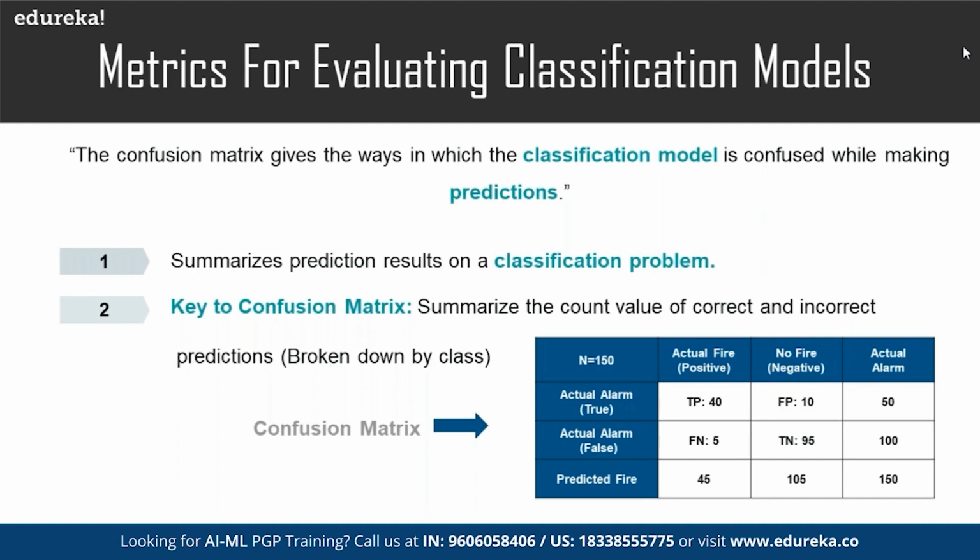When there is no fire, there should be no alarm, right? But suppose there is an alarm but no fire. What happened there? We trained the system wrongly and evaluated it wrongly, which is why we got such wrong results.